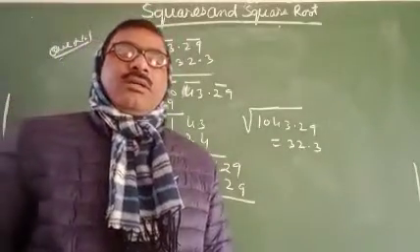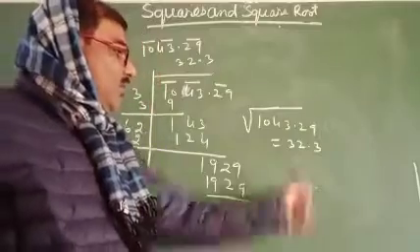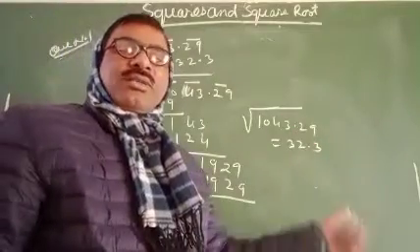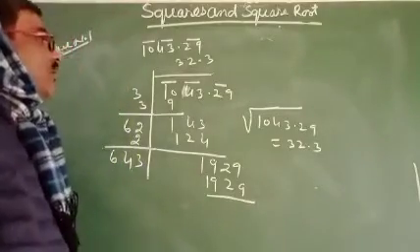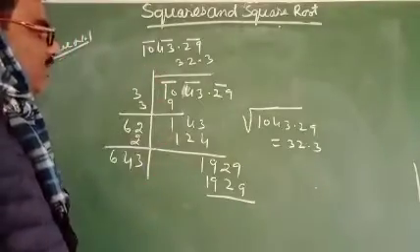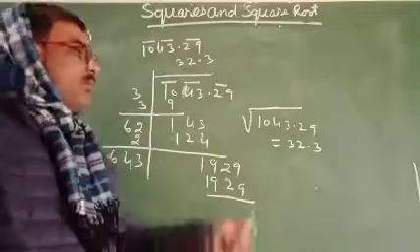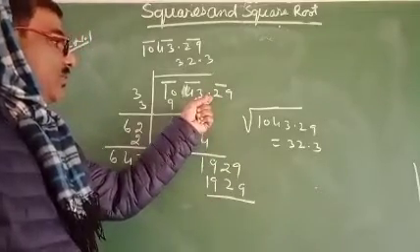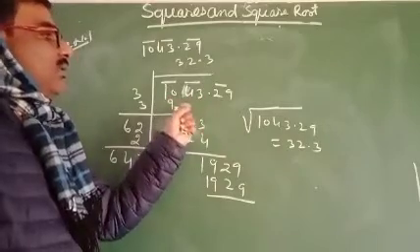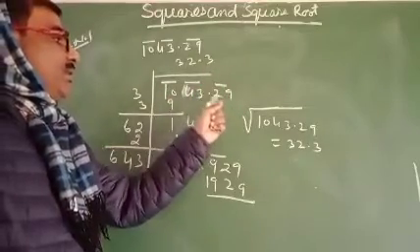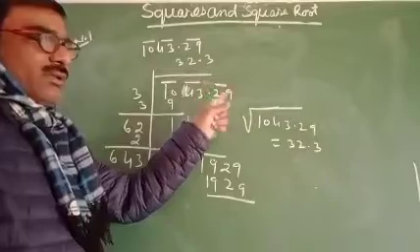So I hope that this is clear to you, and you can do this type of question very easily. If the number is a decimal number, then first of all I will make pairs before the decimal, starting from right to left, and make pairs after the decimal.